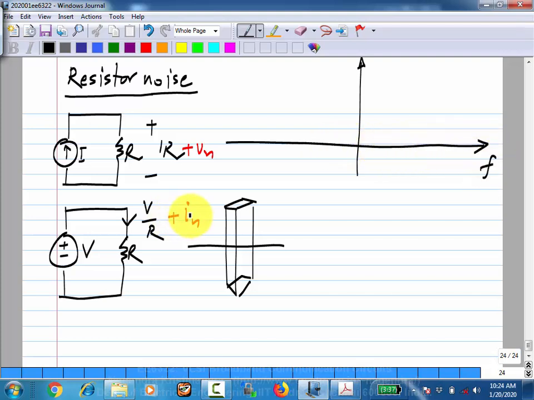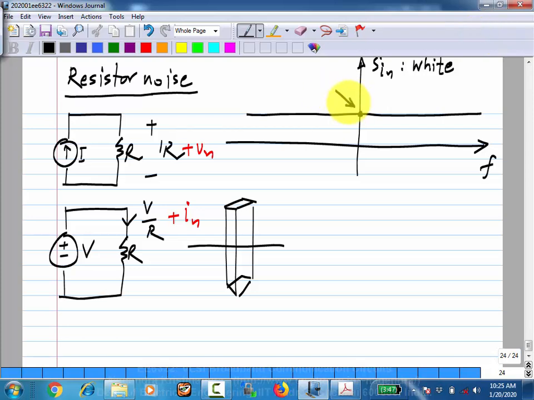And the spectral density of In, S_In, turns out to be, I'll come to some details of this, but the simplest model that we use says that this is constant for all frequencies. That is, the spectral density of resistor noise is constant for all frequencies, and such a spectral density is known as white spectral density. This is related to the white color which has all the colors, that is all frequencies. So that's why it's called white spectral density.